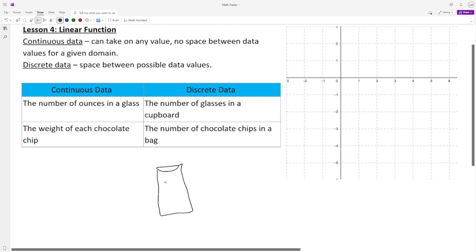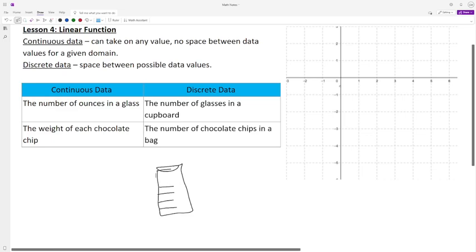So the number of ounces, we can't count how many ounces would be in this glass. We could count how many whole ounces. So maybe this is the 1 ounce level, the 2 ounce level, the 3 ounce level, 4 ounce, and so on. Maybe this is an 8 ounce glass. If it was all the way filled up, it would have 8 ounces, and if it was filled up to any of these levels, it would have that amount of whole ounces. But in the sense of thinking about how many ounces are in the glass to the exact amount, to the decimal value, this would be continuous.